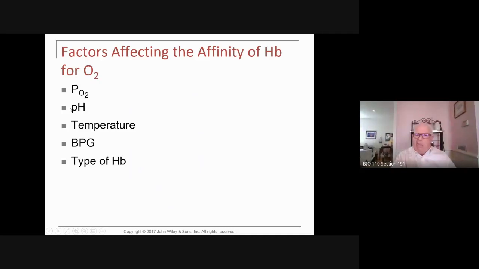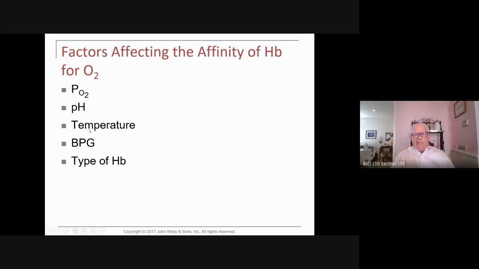pH. We will talk about pH in greater detail when we talk about acid-base balance. But if you have acidosis, if your pH drops below 7.35, your tissues need oxygen, and hemoglobin will hold on and give your tissues more oxygen if your pH drops below 7.35.